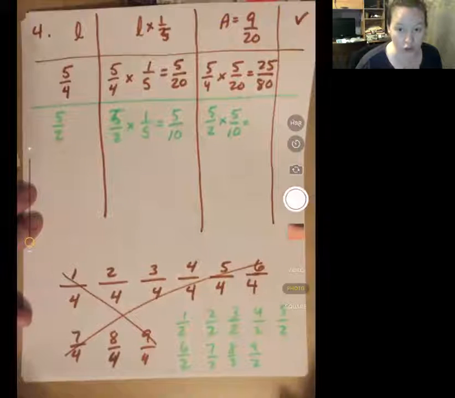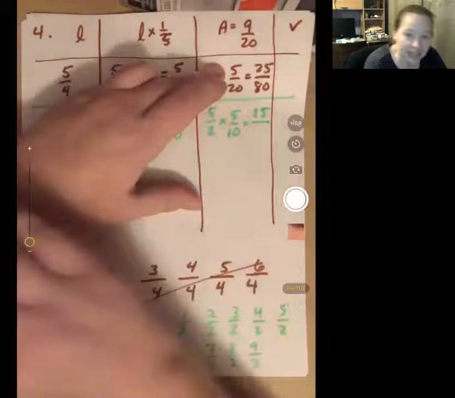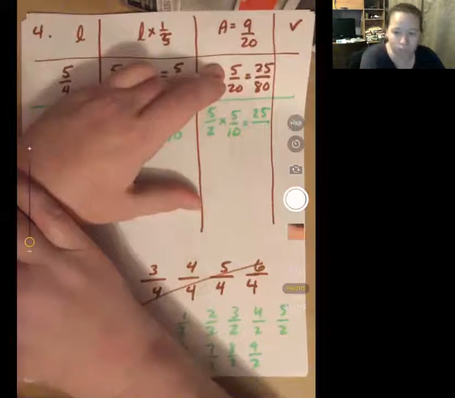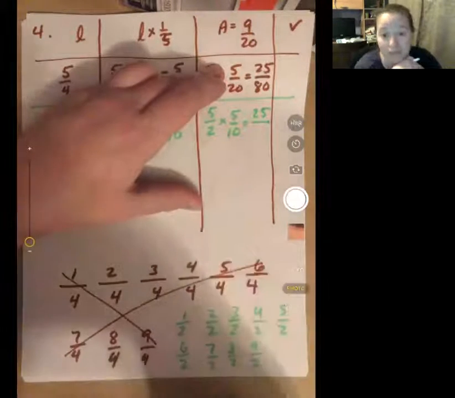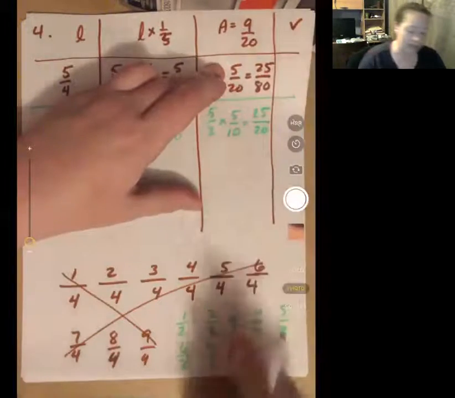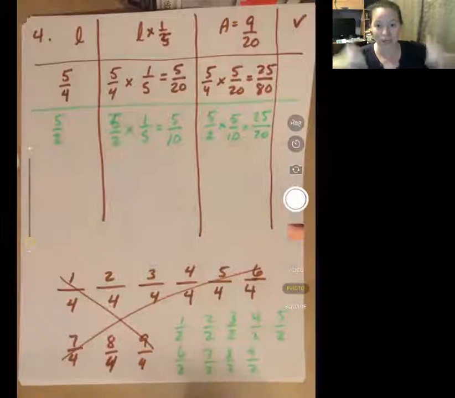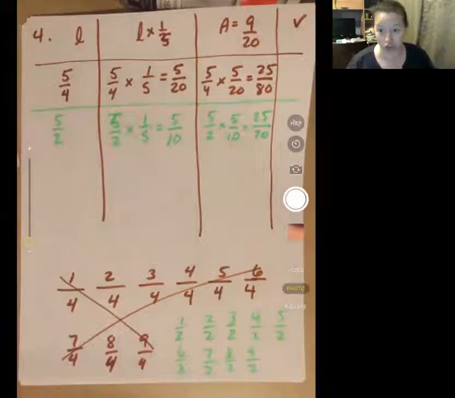So 5 over 2 gives us 25, and 2 times, I'm sorry, 5 times 5 gives us 25, and 2 times 10 gives us 20. Okay, cool. So we have the denominator correct. So it is going to end up being a 2 in the denominator. That is what our denominator is going to be.